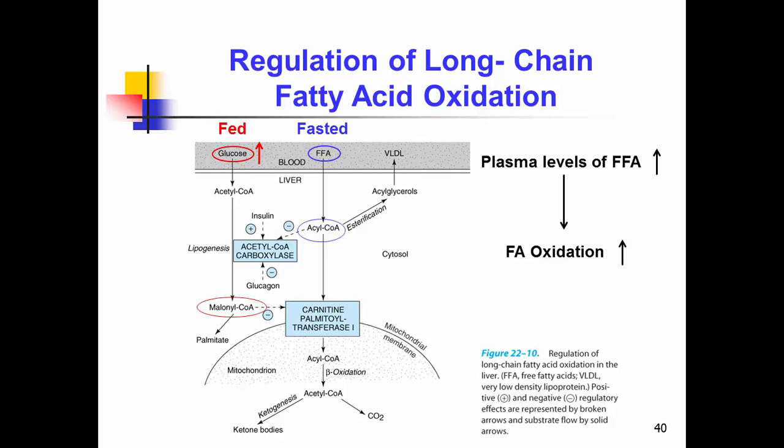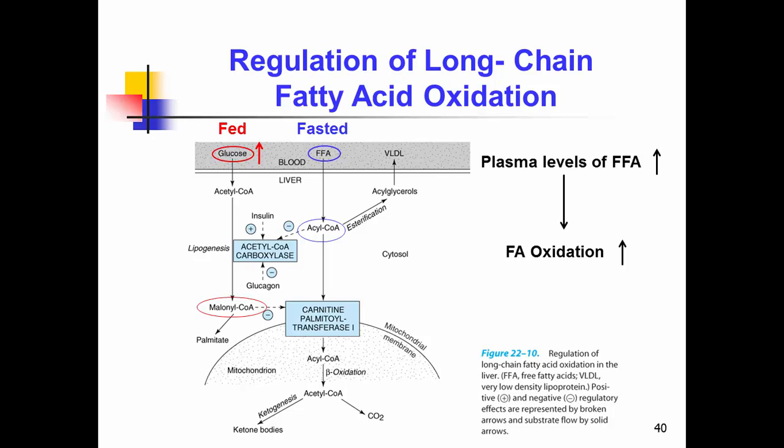So then pyruvate enters the mitochondria and is converted to acetyl-CoA, right? Remember this step, catalyzed by an enzyme. Still remember the enzyme that converts? Yeah, pyruvate dehydrogenase complex, generating acetyl-CoA from the glucose under the fed condition.